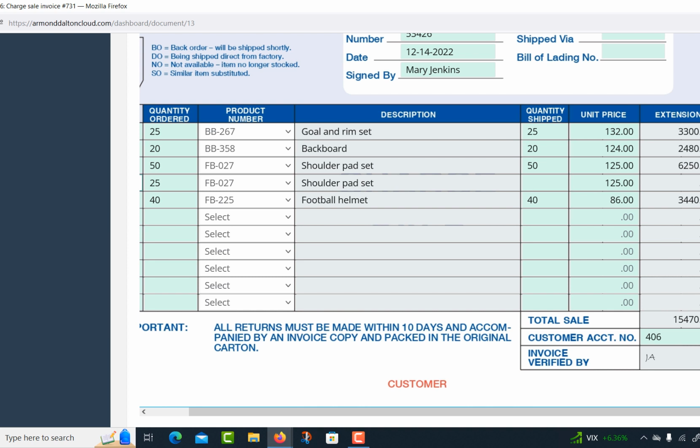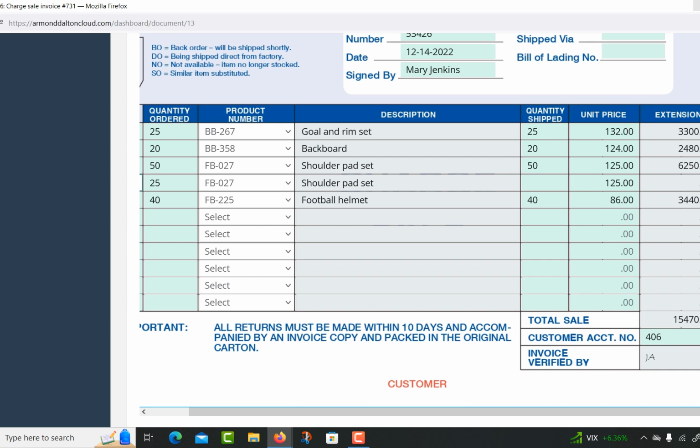Now, in a back order, you're not sending anything, but you are listing it because it is back ordered. You're showing the customer you're not charging them yet. And then the customer account number for Rosemont is 406. That's important because we'll need to know that to finish this transaction up in the accounting function.